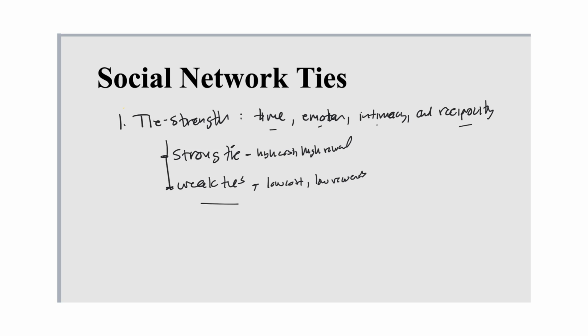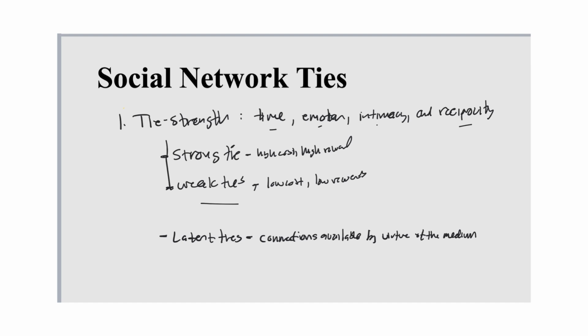What you also have though, in a social network, are latent ties. And latent ties are connections that are technically available, but you've never actually activated them. So they're connections that are available by virtue of the medium, but you haven't activated them.